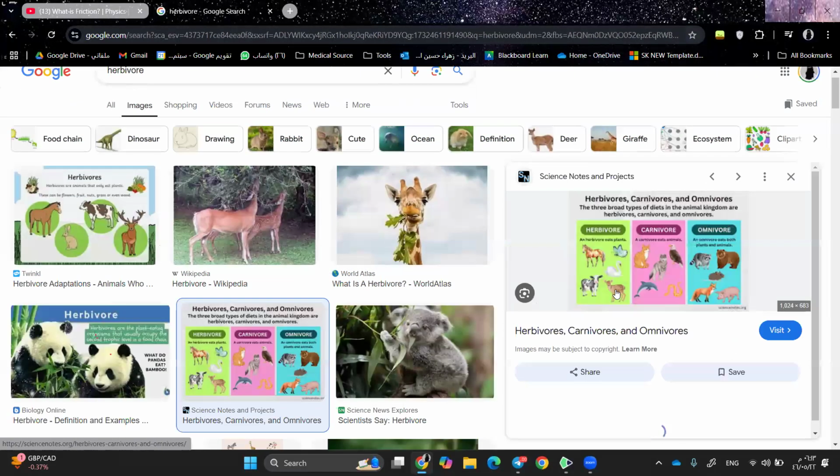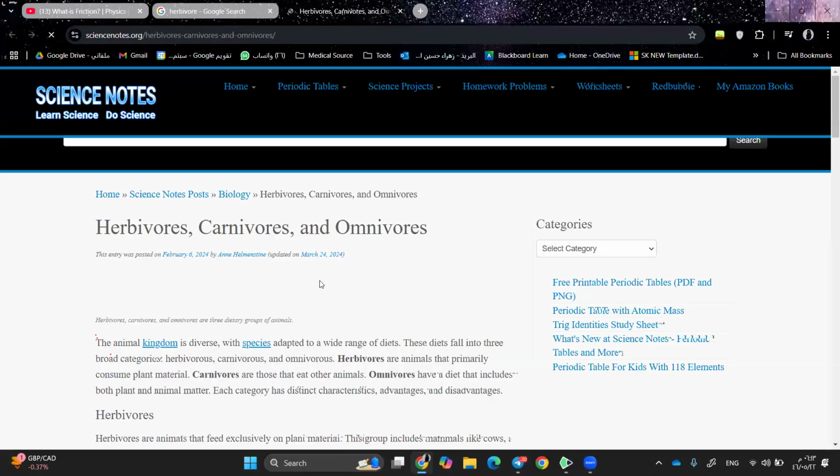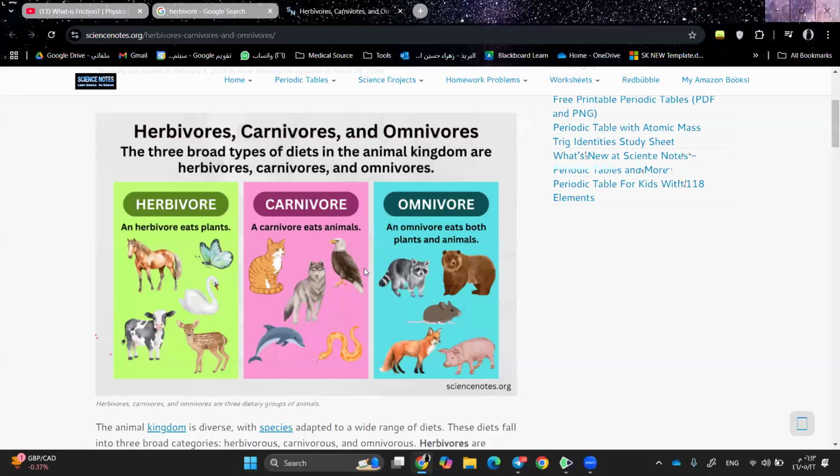There are three types of diet in the animal kingdom based on what they eat: herbivore, carnivore, and omnivore. First, herbivore, which eats only plants. Then this type, which I think is pronounced carnivore. I'm sorry if my pronunciation isn't right, but you can see the right word on the picture.